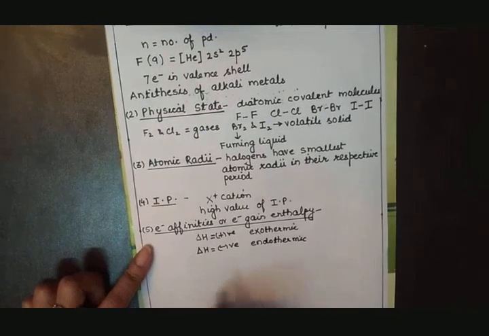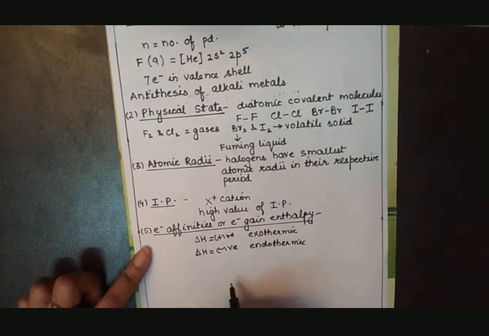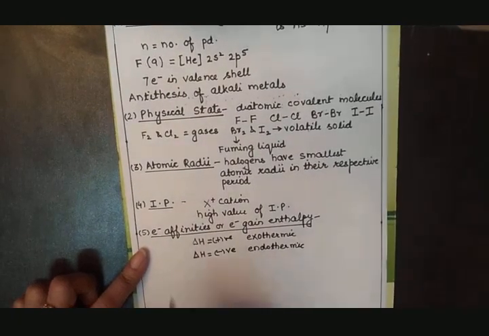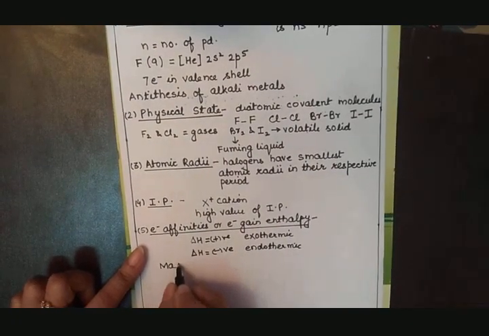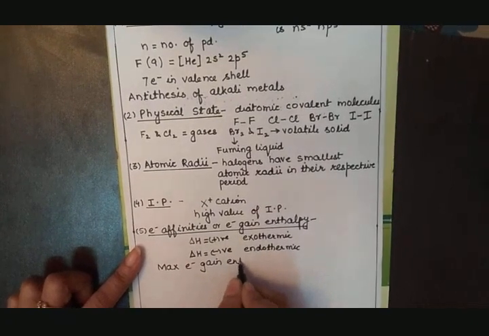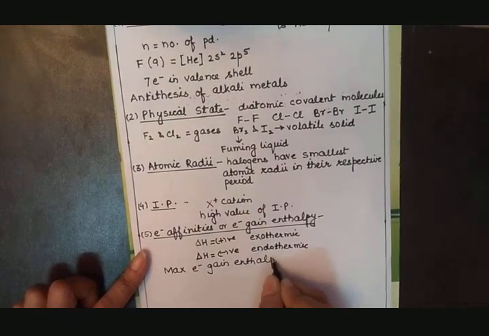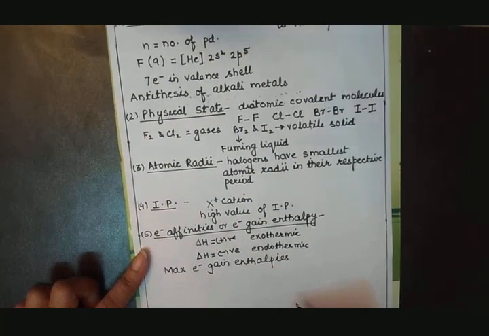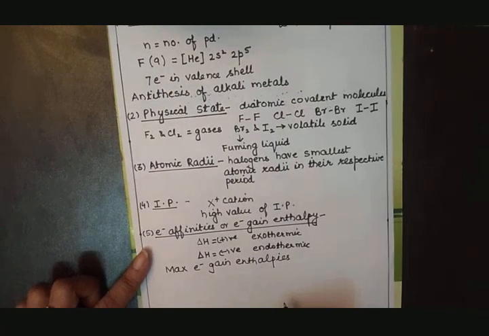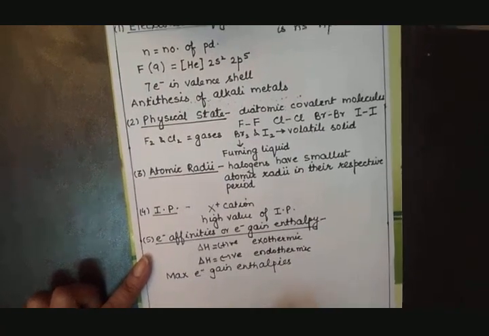Now halogens are just 1 electron short of noble gas configuration, therefore they have the maximum electron gain enthalpies in their respective period. Now this property should decrease from fluorine to iodine. Why?